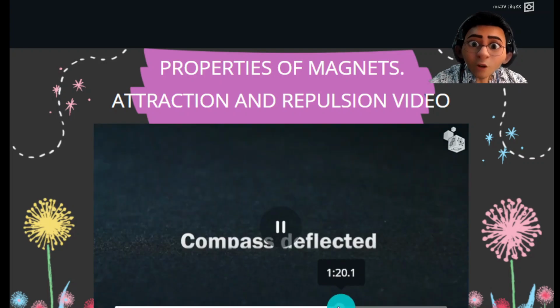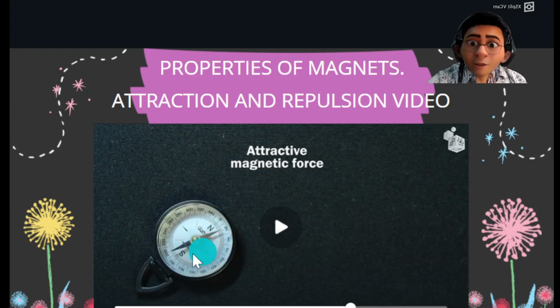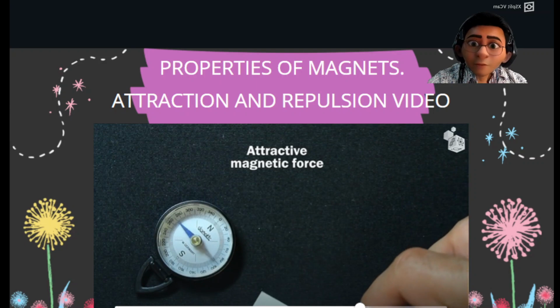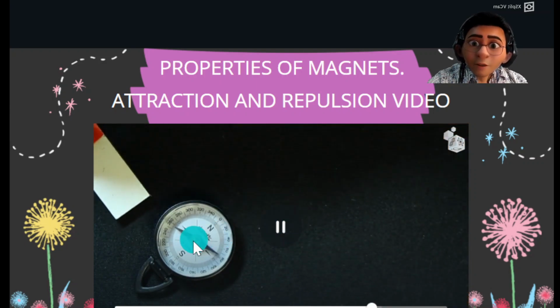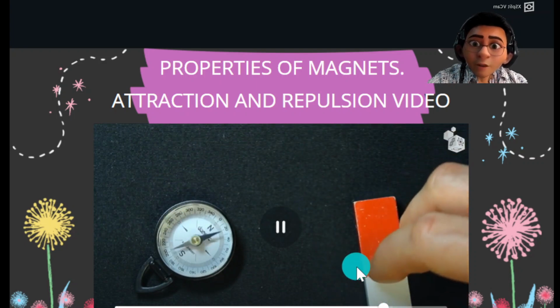Okay, change direction. Compass, okay, this is a compass. If you can see that, that is a compass. I will explain to you later some more. See, the compass is attracted to the magnet.